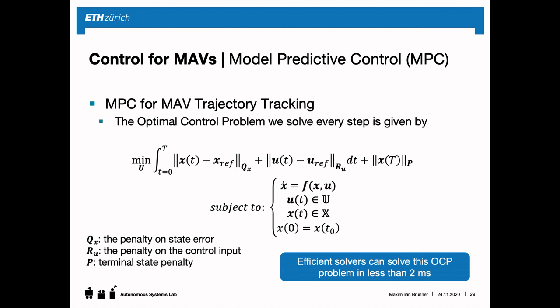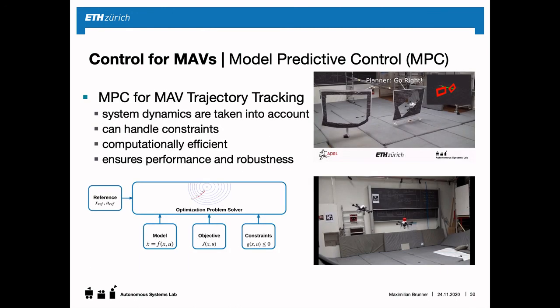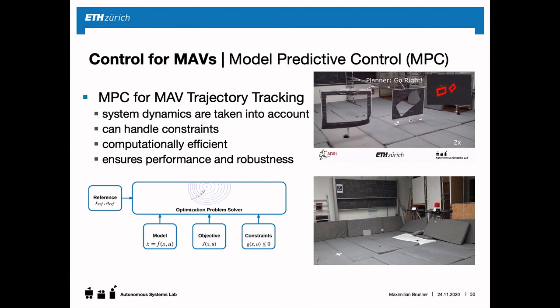So MPC can be used for complex and more aggressive control maneuvers that would not be possible with standard PD controllers. And this is mostly because the system dynamics are taken into account and also because the physical limits of the system are taken into account.